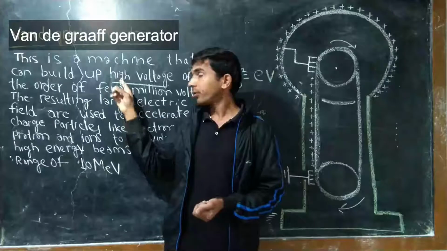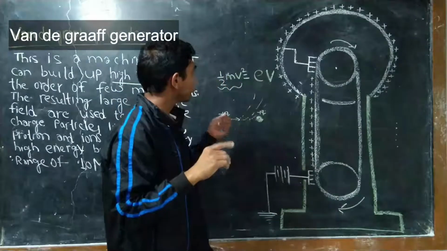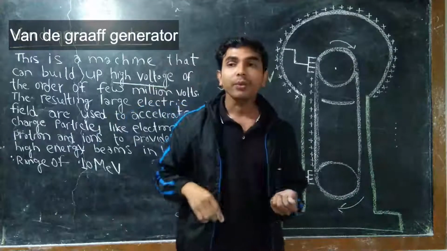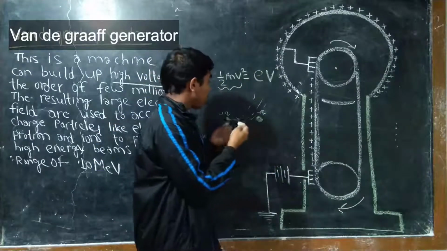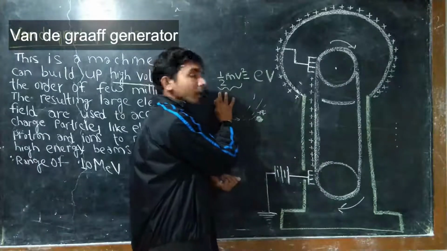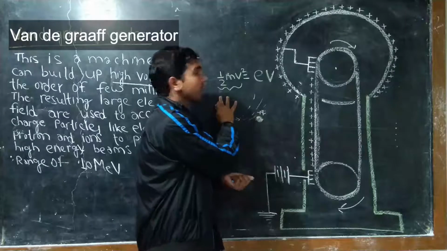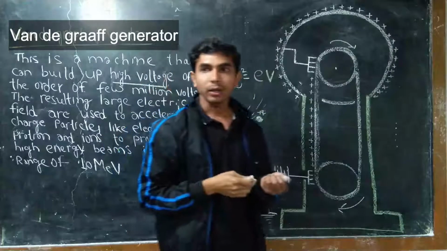Which device is useful for higher potential? The Van de Graaff generator. To break a nucleus, we require higher speed of particle; higher speed is achieved by higher kinetic energy, and higher kinetic energy is achieved by higher voltage of potential.